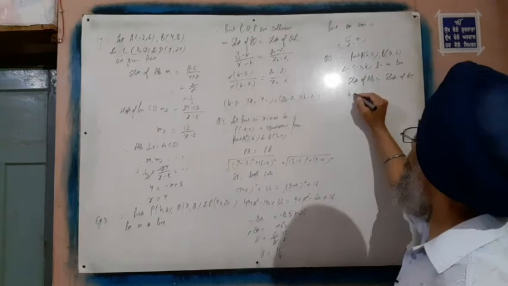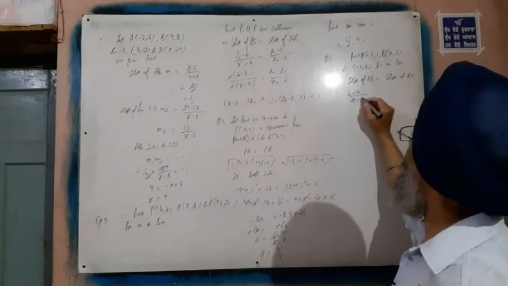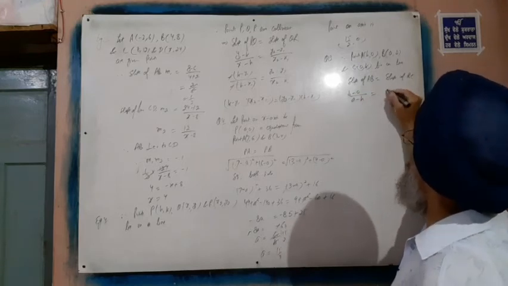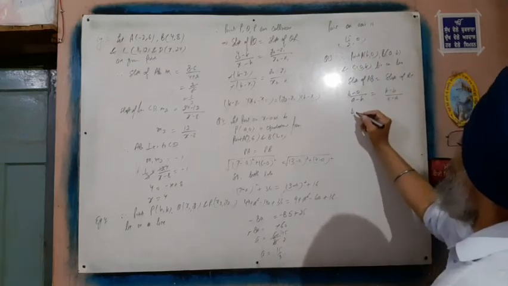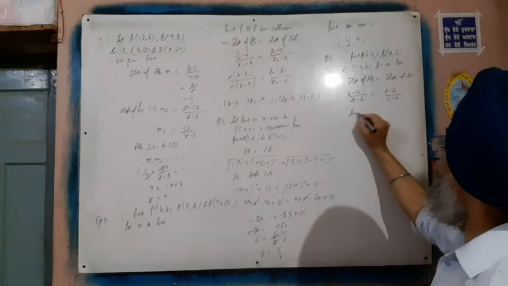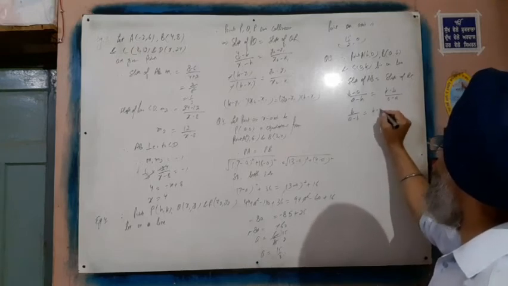It means that y2 minus y1 upon x2 minus x1 equals, again, y2 minus y1 upon x2 minus x1. So b upon minus a equals k upon h minus b.